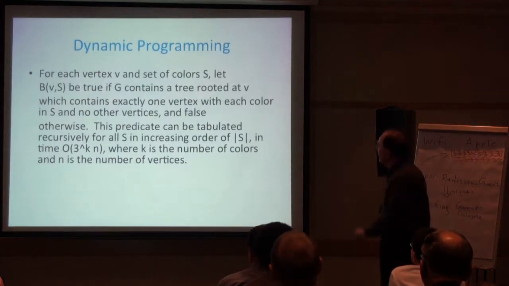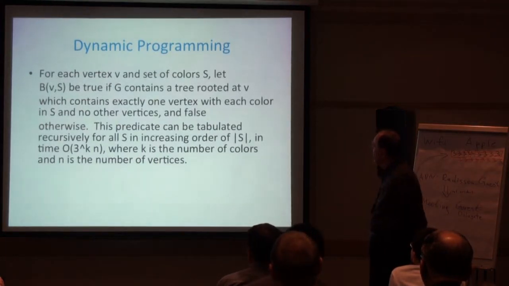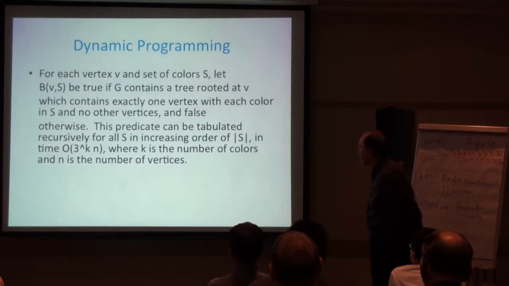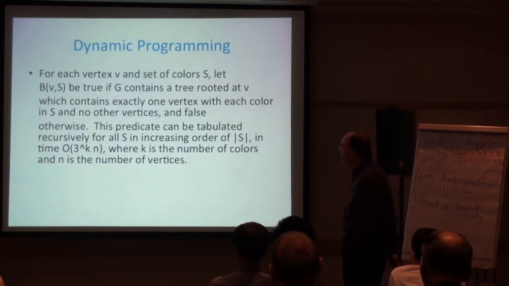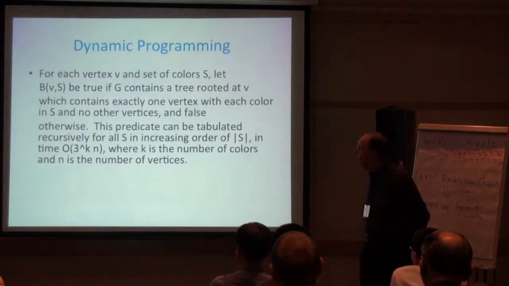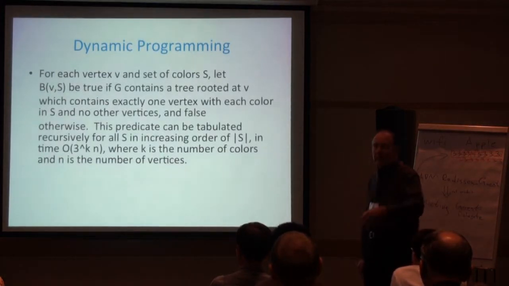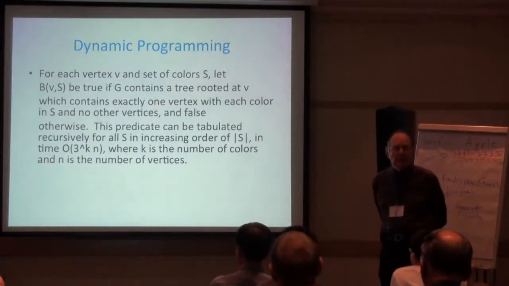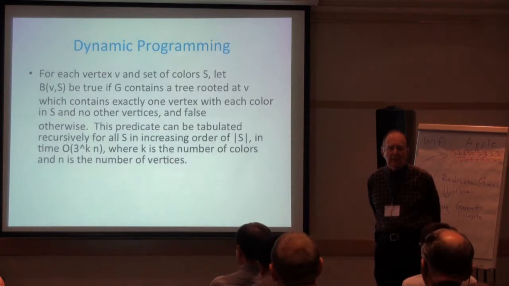And then it turns out you can write a simple recurrence relation which tabulates this function B of V, S for all pairs consisting of a vertex and a set of colors, building up in the usual fashion of dynamic programming from sets of small cardinality to sets of larger cardinality.